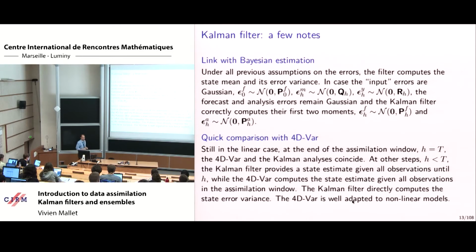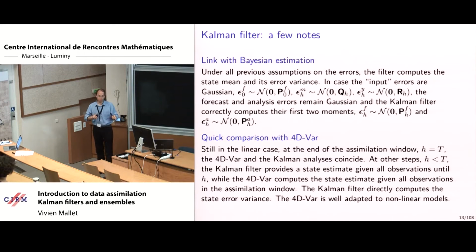I put some notes. Maybe there are a few things that I'll leave for you to read later, but the thing is, so far we've never assumed that we were Gaussian. We just assumed zero means on the errors, and we have some assumption on the correlations, but we don't need to be Gaussian anywhere. But if you want to make the links with Bayesian estimation, where you are going to estimate the full probability density function, then to get the same formula, you need to make the assumption of a Gaussian distribution in this Bayesian framework.